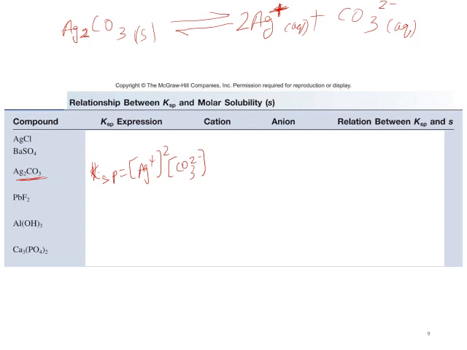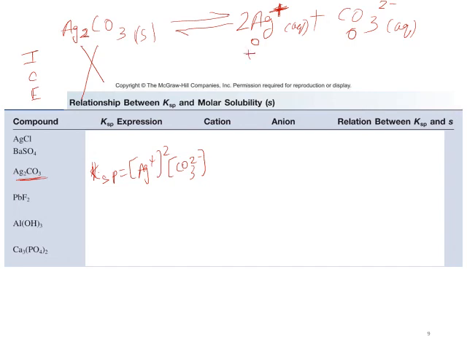Now the question is asking what the concentration of cation and concentration of anion would be at the end, meaning at equilibrium. How can we figure that out? If I want any concentrations, I need an ICE table. Again, this is a solid, so I do not consider it. Initially 0, 0.